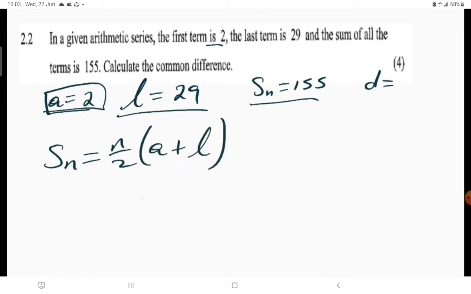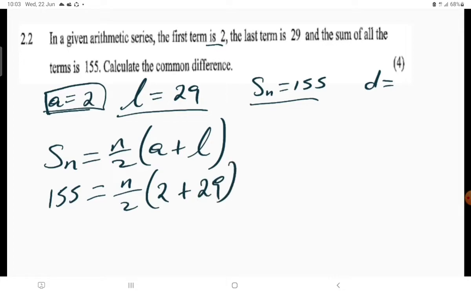This formula is very useful, especially when we have the first term and the last term. Now you can see that 155 was given as the sum of all these terms, and you don't know how many they are. That is why in the place of n we still have n. So in the place of A we put 2, in the place of L we put 29.